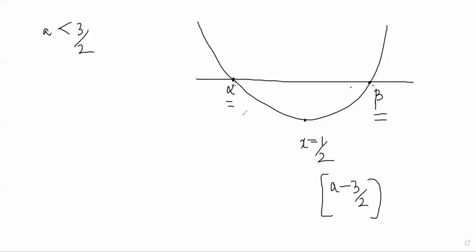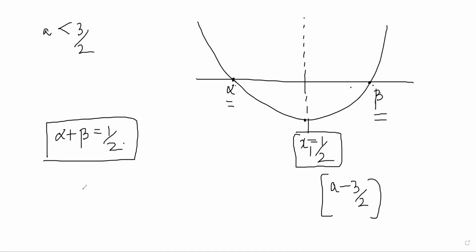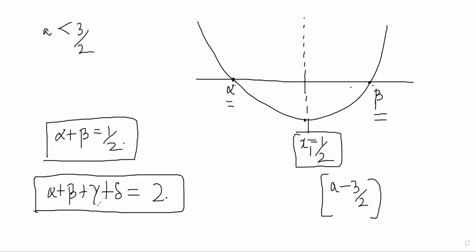We can see from the graph in this case that the real roots are symmetric about the line x equal to half. So it is obvious that alpha plus beta, the real root sum, is equal to half. So the sum of the non-real roots is 3 by 2, because the total sum is 2.